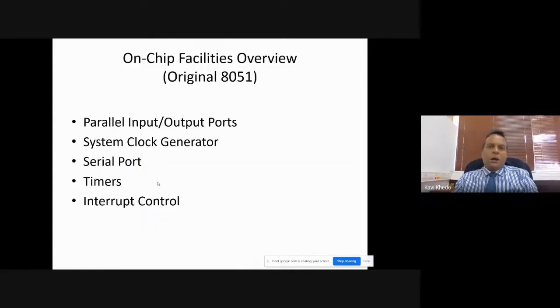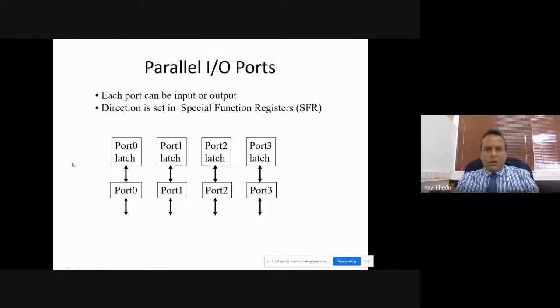Okay, what on-chip facilities does it provide? So you have I/O ports, obviously, your system clock. You have a serial port that you can use for data transmission. You have timers and interrupt control. So these are parallel I/O ports that can do input and output. Okay, but you need to tell whether you are using it for input or for output.